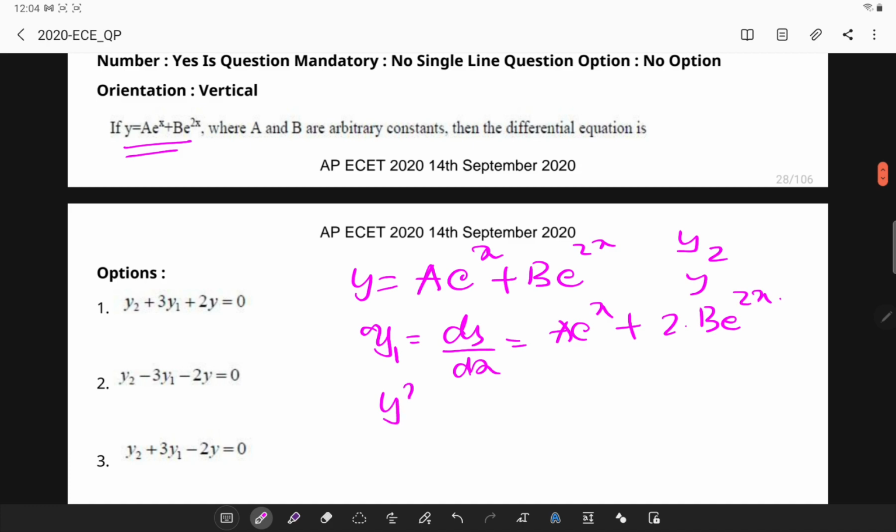Now y2, d square y by dx square, will be a e power x plus 4 into b into e power 2x.